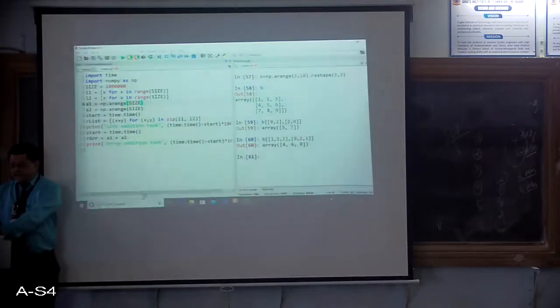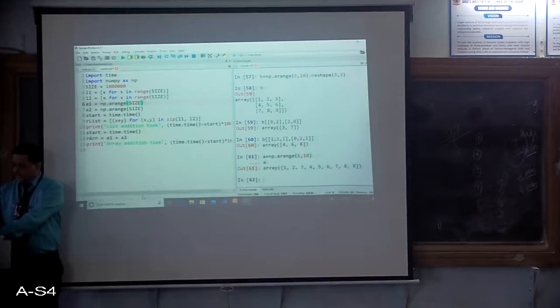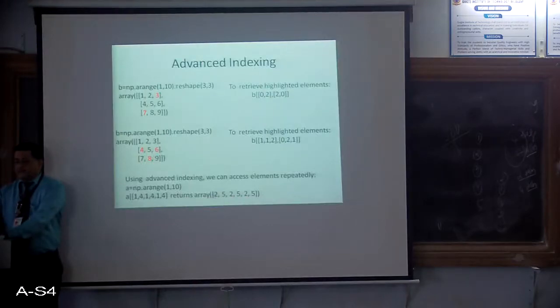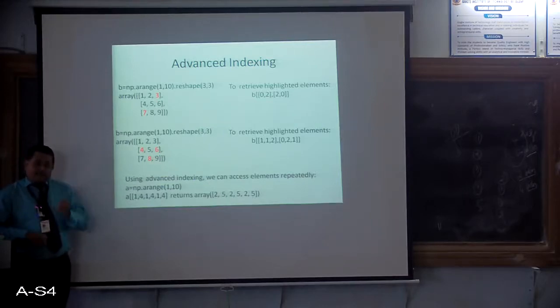Essentially because if I say np dot arange 1 to 10, A is this, so index 1 is 2 and index 4 is 5. So it will repeatedly access 2 5 2 5 2 5. So we can also access elements repeatedly using advanced integer indexing.